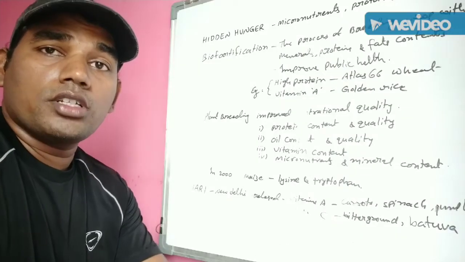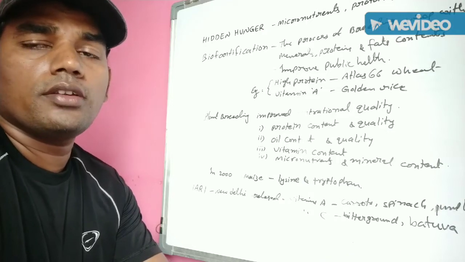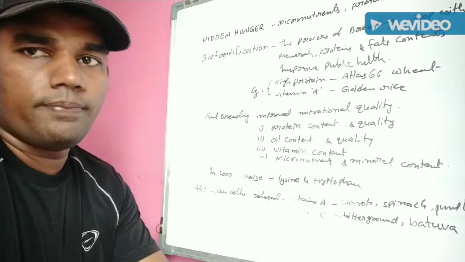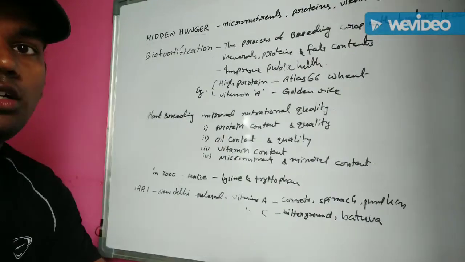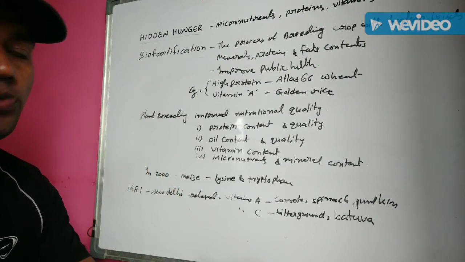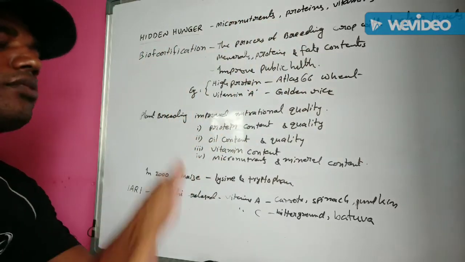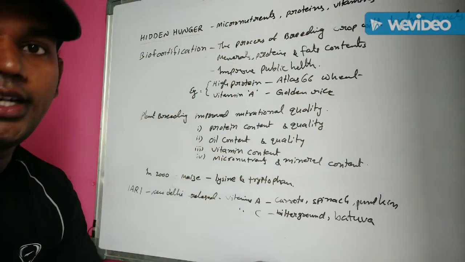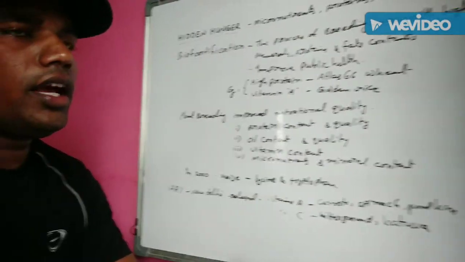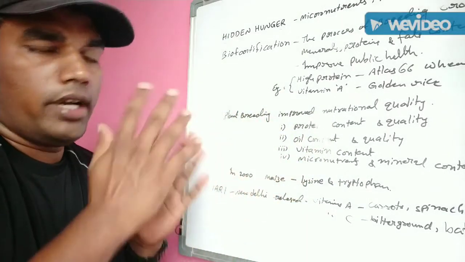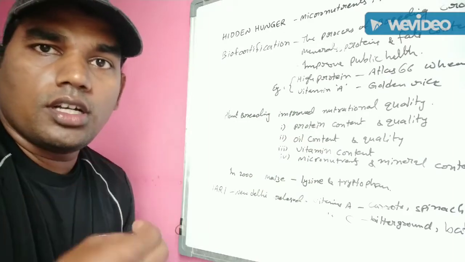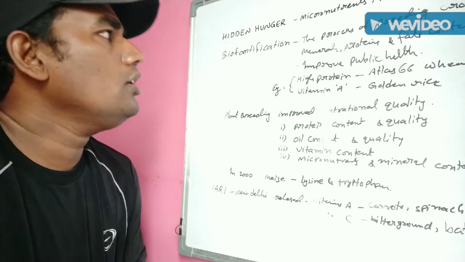In the world, 840 million people are suffering with hidden hunger. Hidden hunger means the lack of micronutrients, proteins and vitamins in their food. This means a deficiency of vitamins, proteins and micronutrients in their daily food intake.